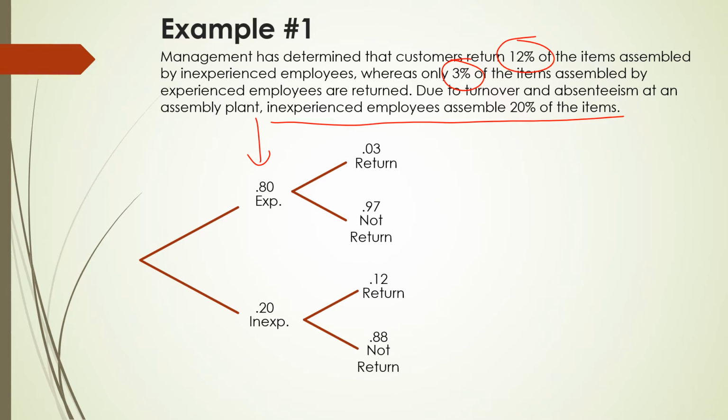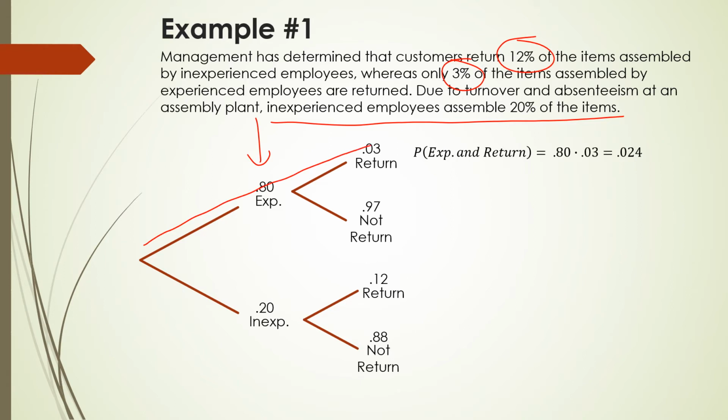If you notice, those are all the four scenarios that could happen. First scenario, you can have items that were made by inexperienced employees and returned. So when you use the branch, multiplication is happening because "and" is happening as you go through. So if you start here and walk your way all the way through, you have to multiply as you go.